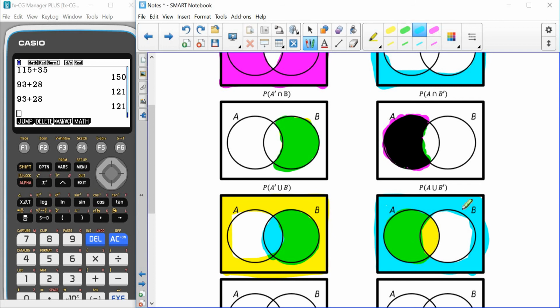We want where it's yellow, we want where it's blue, and we want where it's yellow and blue together.